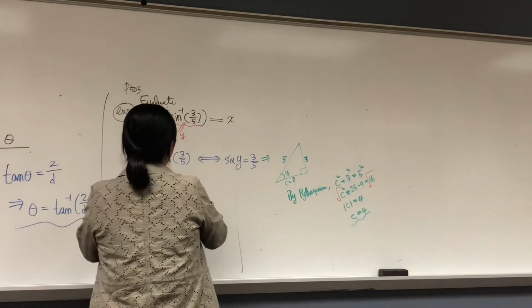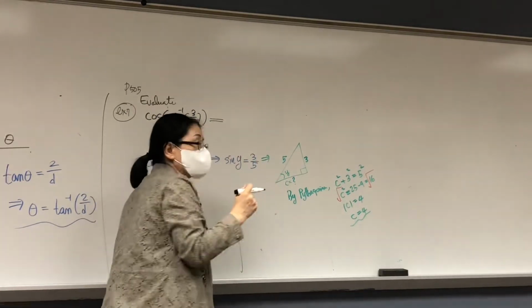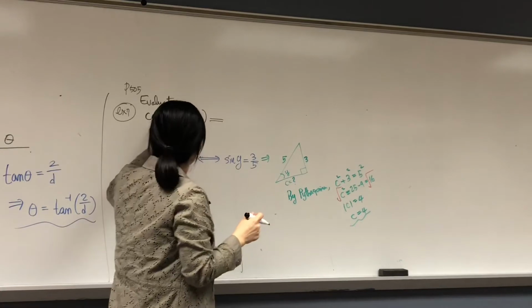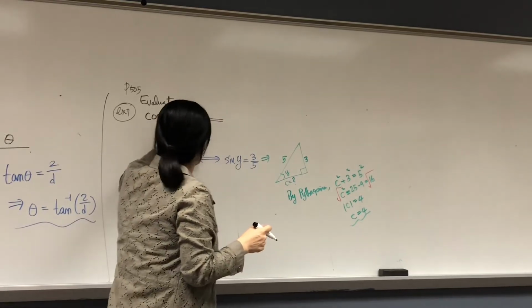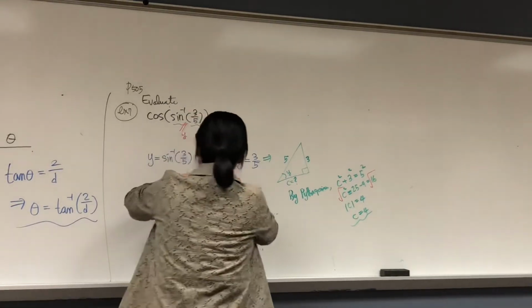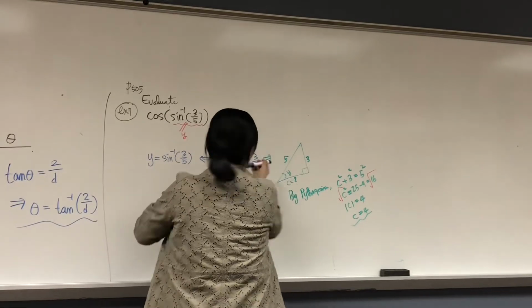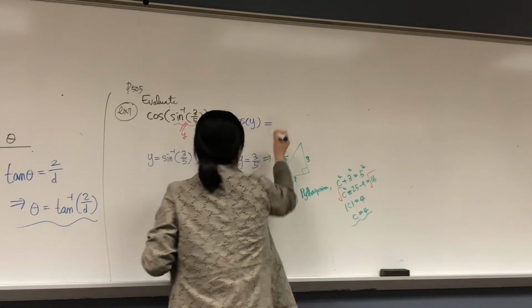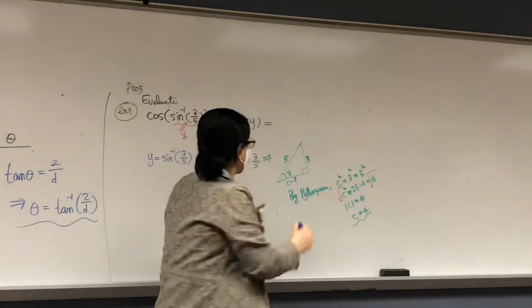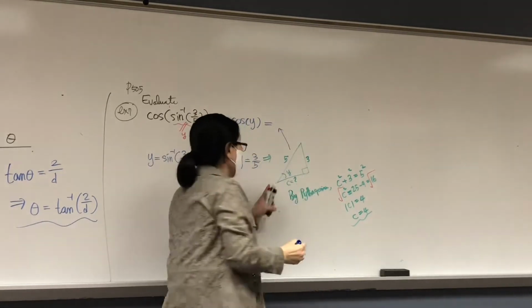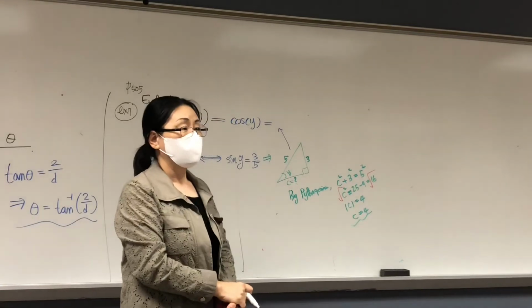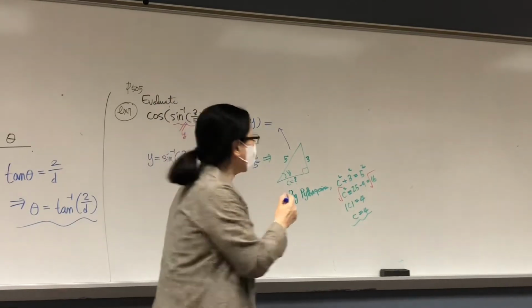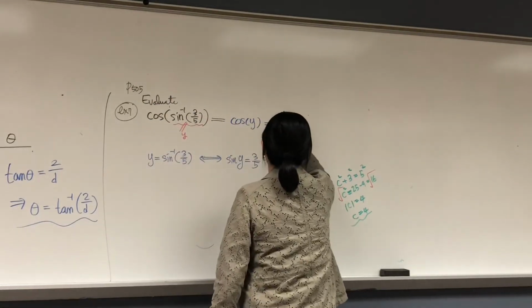We are looking for cosine y, so you don't need to set up x. This side is 4. In this triangle, what is cosine y? 4 over 5. That's it.